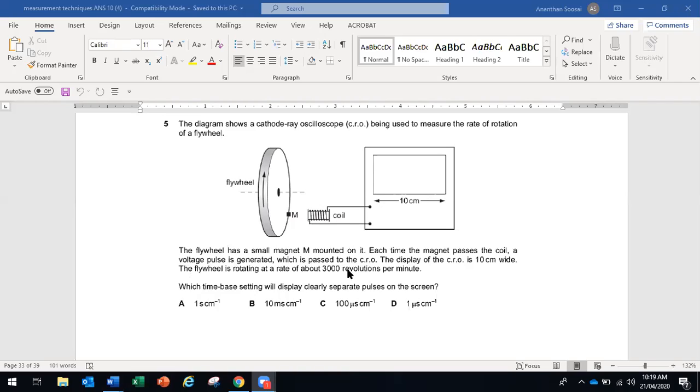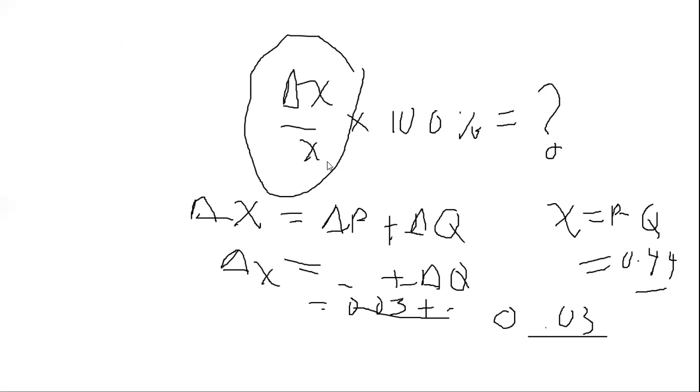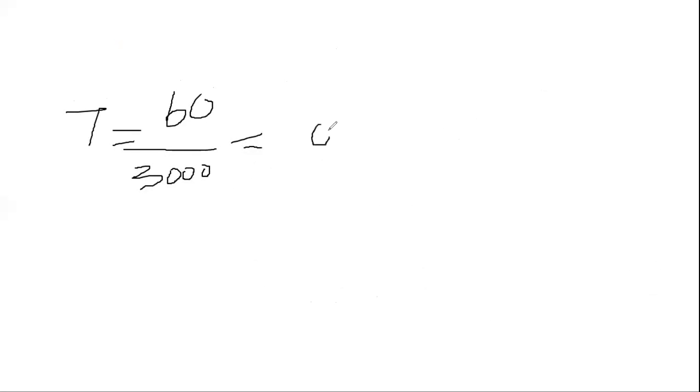Okay. Go to the whiteboard to clear it. So 60 seconds divided by 3,000. You get the period, right? So how much do you get? 0.02 seconds.